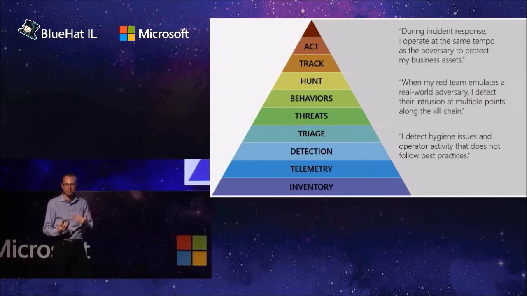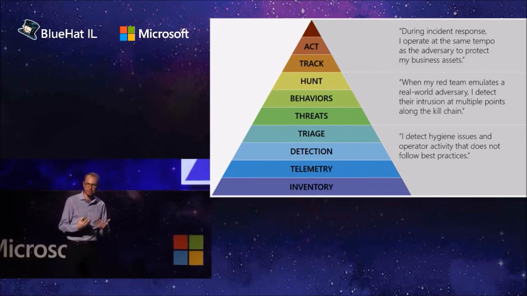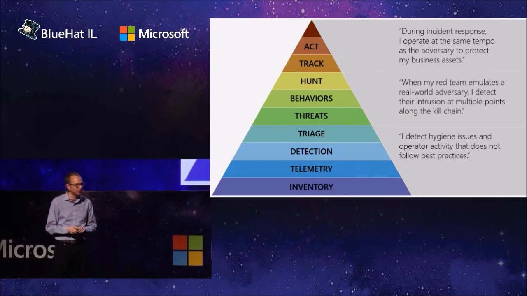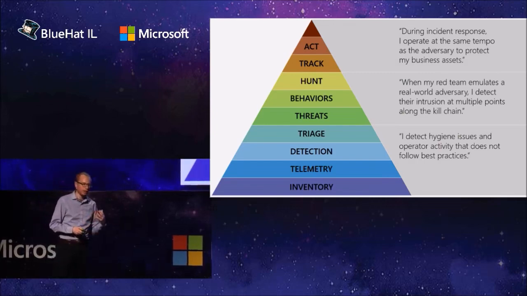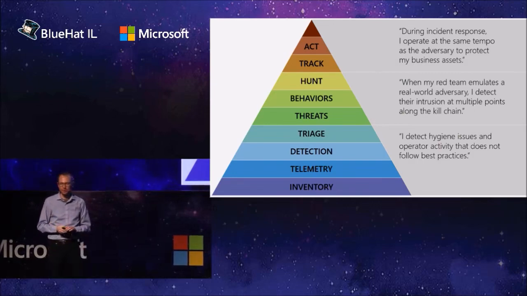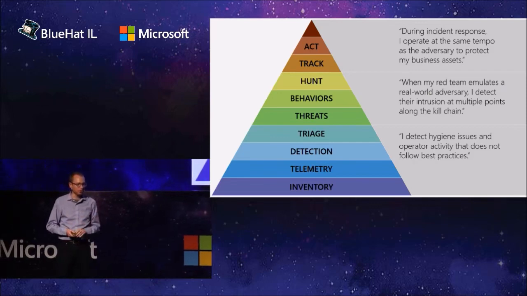And now our red team has to adapt their techniques because they see our effective blue team coverage. And so we're starting to detect our red team across all phases of their kill chain, and we're starting to make them respond. And then finally, the demo that I gave you at the end of using IP IOCs and process memory Yara rules allows us to operate at the same tempo as the adversary, which is really where I want to get to.